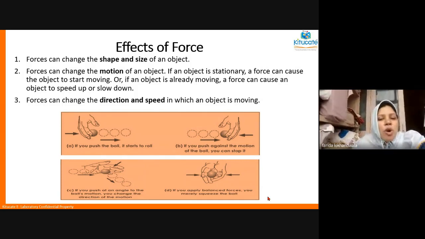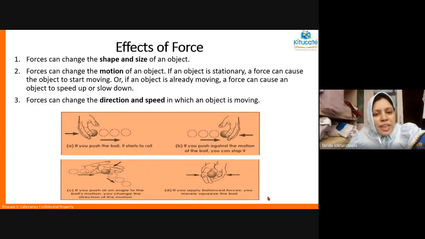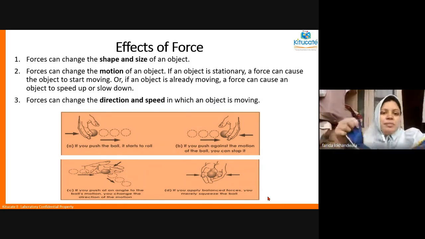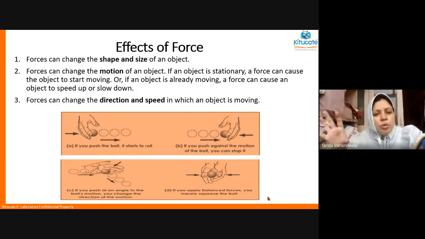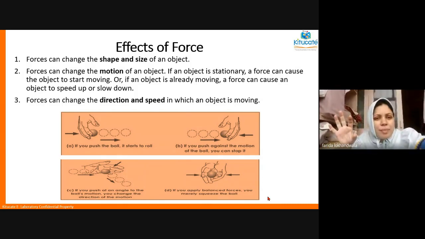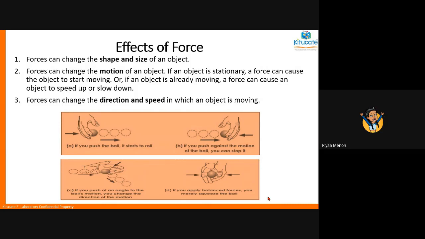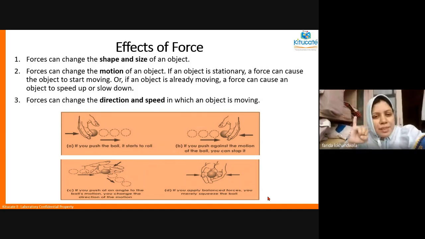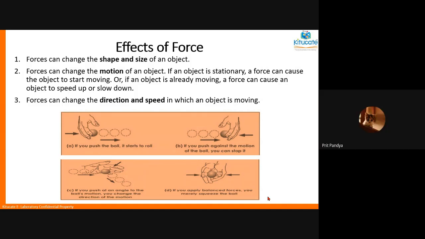So basically, what are the effects of force? What things does it do? Come on, tell me. What things will the force do? It can change the shape and size of an object. First thing is shape and size. Next, forces can change the motion.